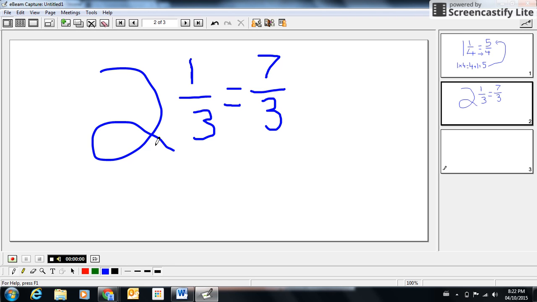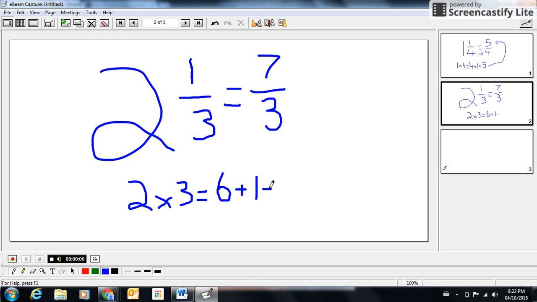Well, remember, our rule is we take the number on the outside, in this case 2. We're going to multiply it by the denominator, in this case 3. And we know 2 times 3 is equal to 6. And then we always add the numerator. In this case, it is 1.